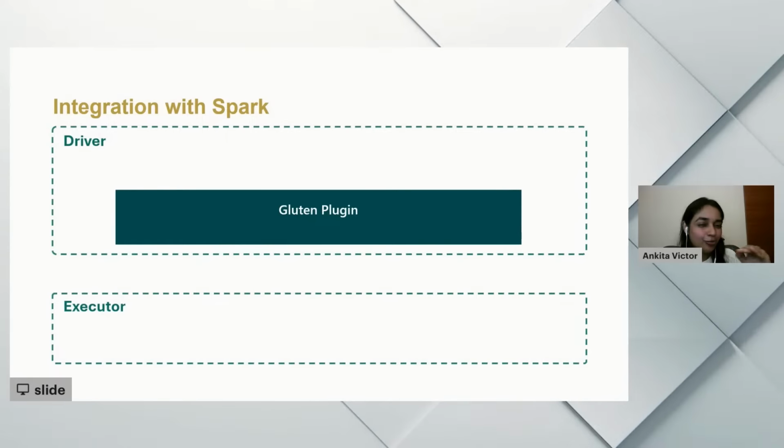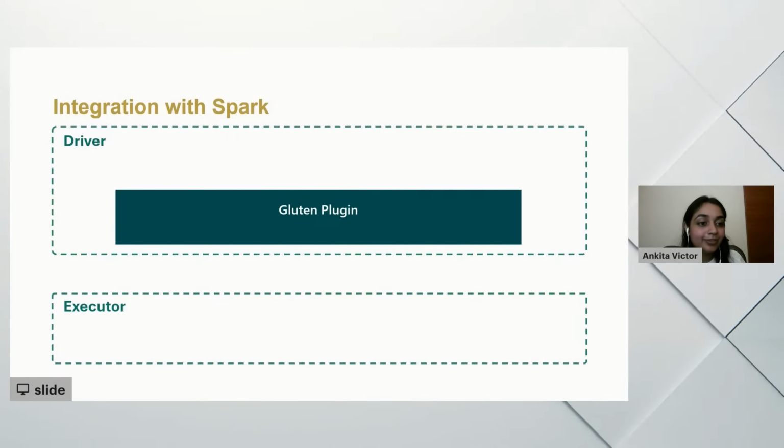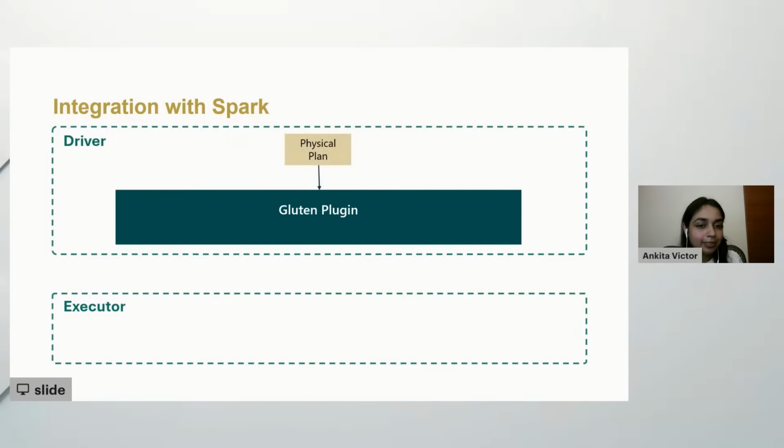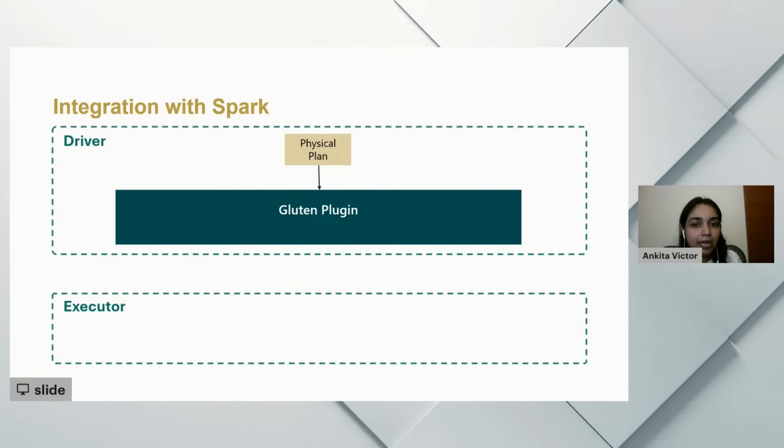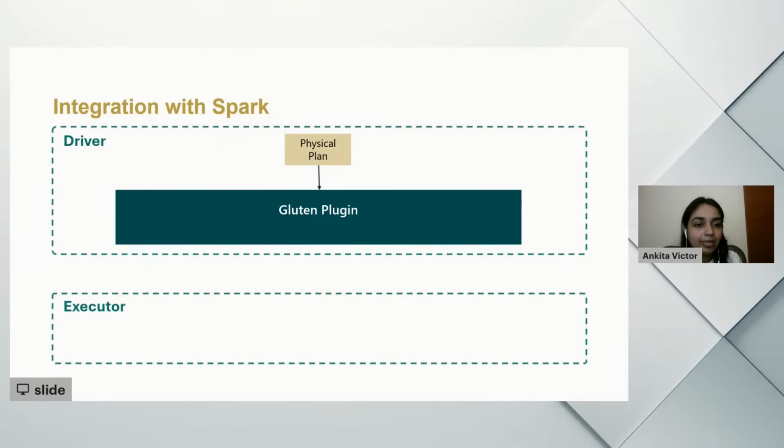So let's go one level deeper. The native execution engine is implemented as a plugin. A plugin is something that Spark has, which allows you to extend the features of Spark without needing to massively overwrite or change or break any existing scenarios. So Gluten is implemented as a plugin in Spark.